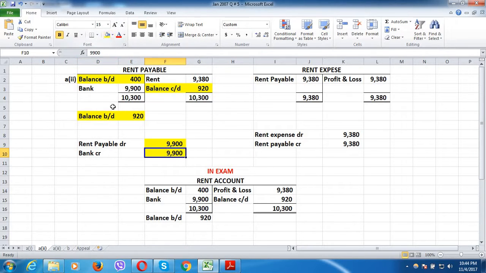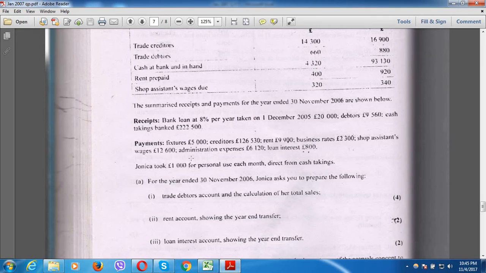As I told you earlier, I have not prepared a T account for bank, so only one transaction detail will be shown, that will be on the rent payable account. Rent payable debit 9,900, opposite account heading bank. After putting this, please check whether you have any other additional information regarding rent. I have read the question as I said earlier, and there is no other transaction regarding rent.